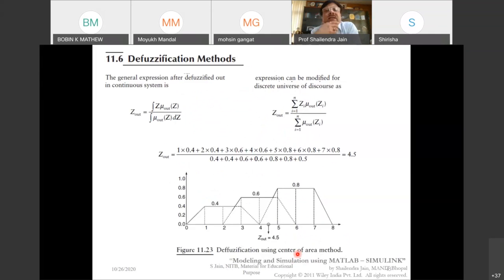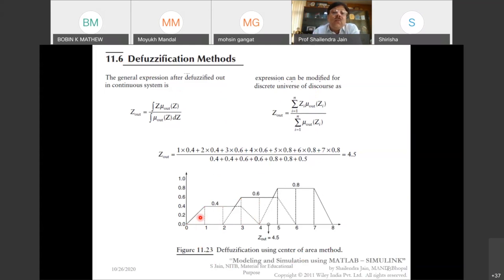This is another method of defuzzification. Here, instead of considering the entire shape, we consider only designated points in the membership function. In discrete systems, we apply this method.